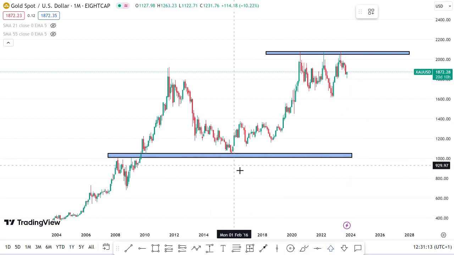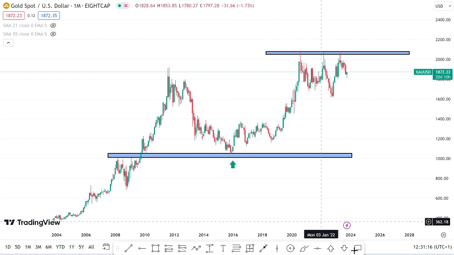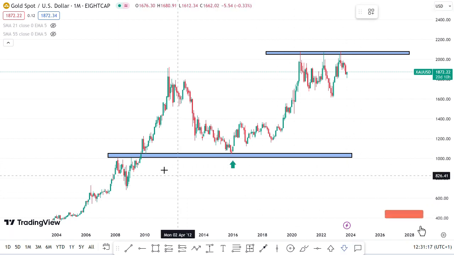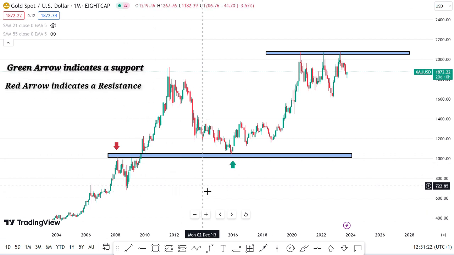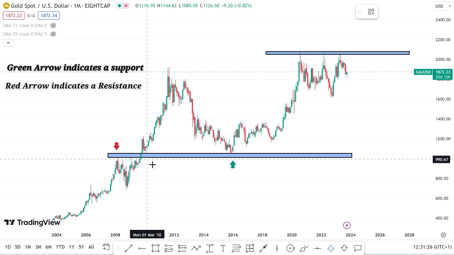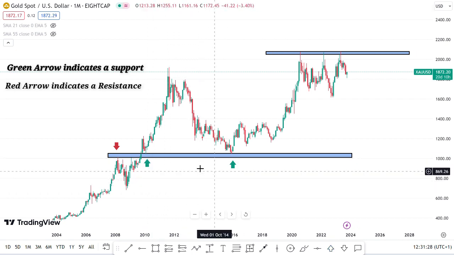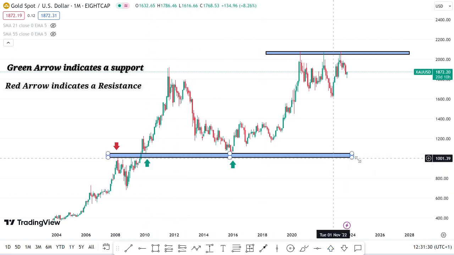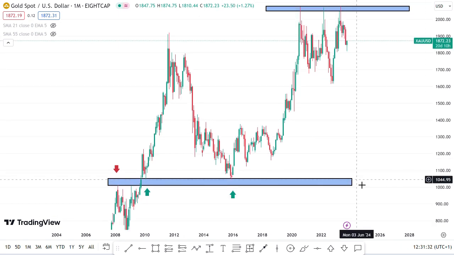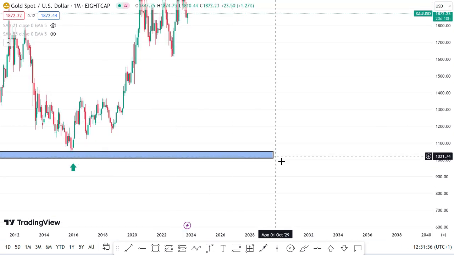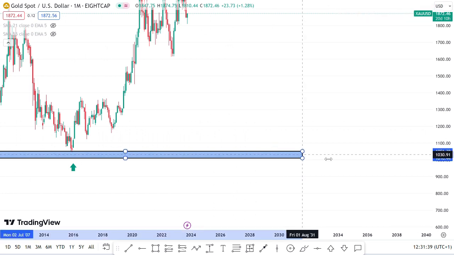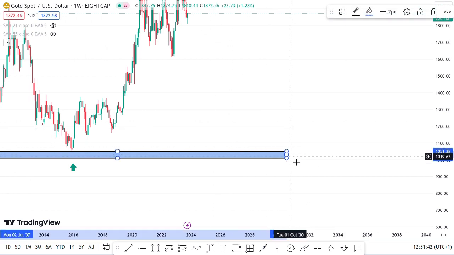Here we had the support, and here we had a resistance. So as you can see, this is now a zone, and somewhere here we had another support. So this particular zone is a major zone or a major key level, that anytime price comes back to this level, we are anticipating a change in direction.